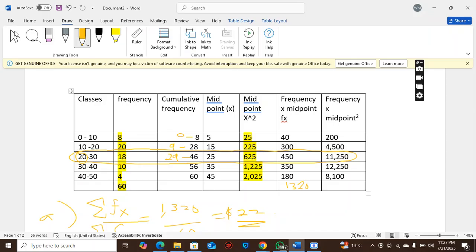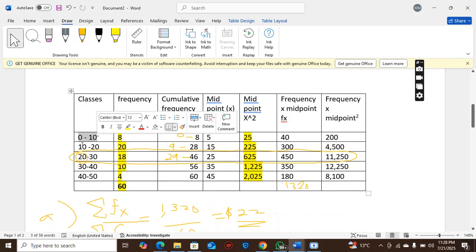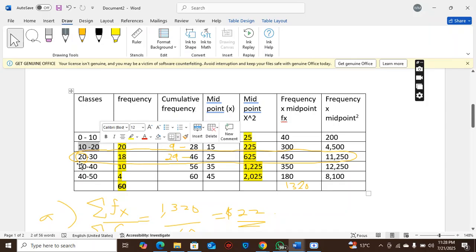I'm using a dot here. This 20 in the median class, 20 to 30. And as I said, you only do this when these classes are like 0 to 10, then 10 to 20, where the numbers repeat each other in different classes. Then you can just easily pick.